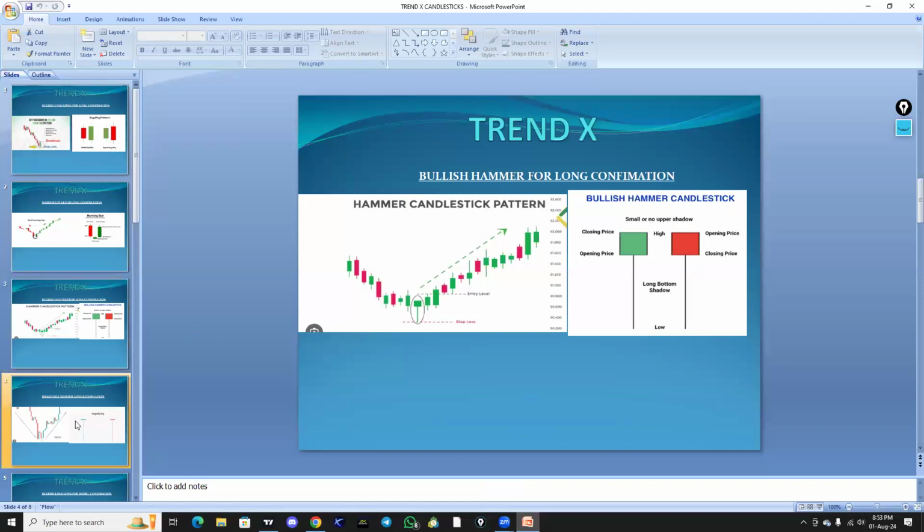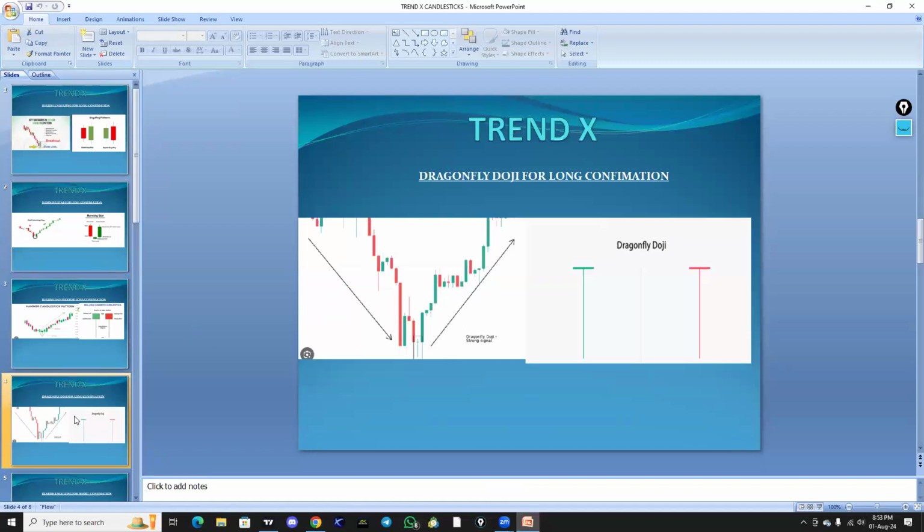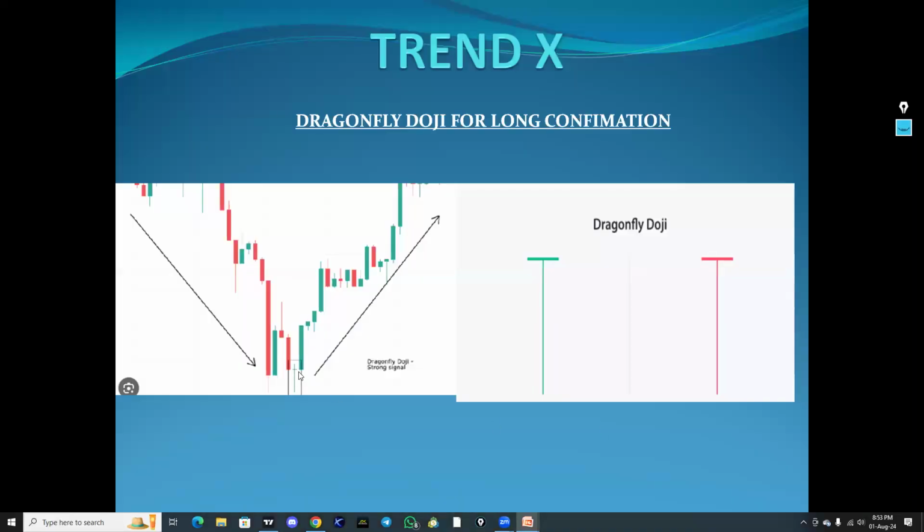Okay, the last one is the dragonfly doji. So just observe both images. In the first one you can see we have a wick above the body. In the second image we don't have any wicks. So these two are the same.